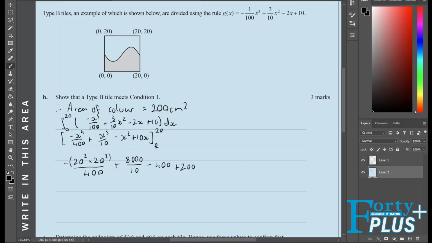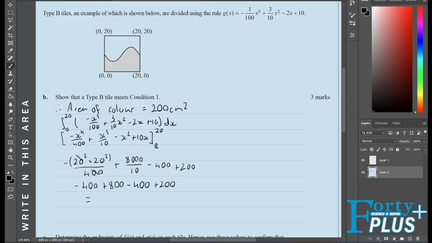Now, 20 squared is 400, so one of these will cancel. So we're just going to have negative 400 plus 8,000 over 10 is 800, minus 400 plus 200.